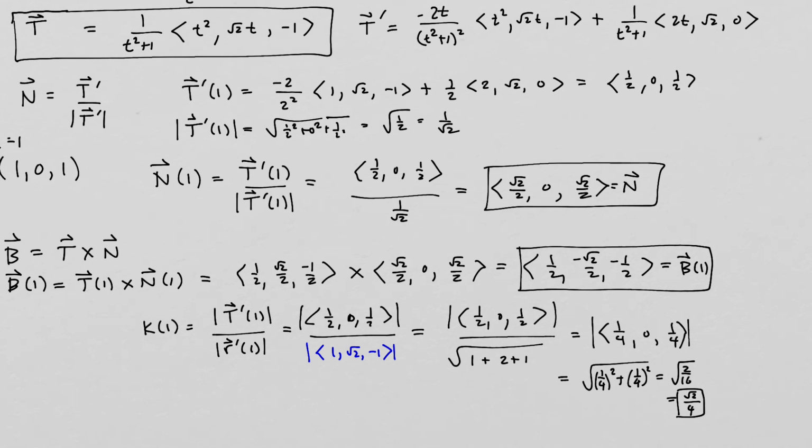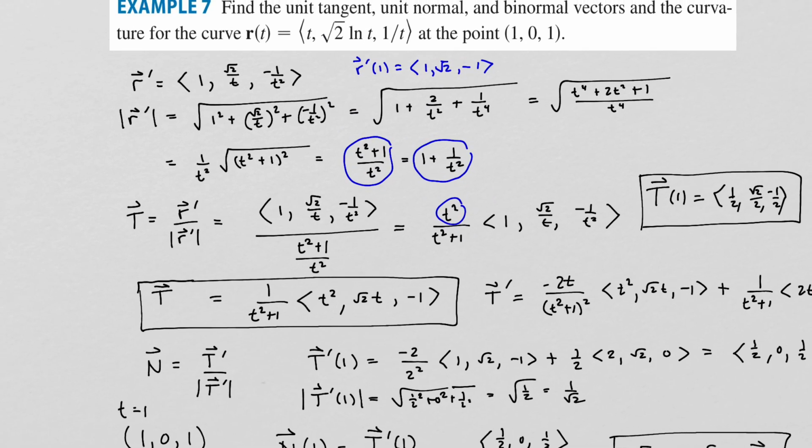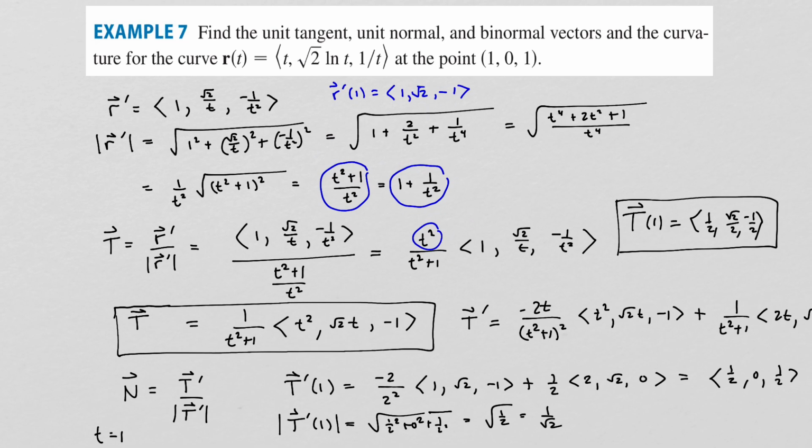So, in summary here, this stuff is not terribly difficult, but it is extraordinarily tedious. And it is very important that you pay very close attention to every detail in every step. Otherwise, it's very easy to make mistakes.